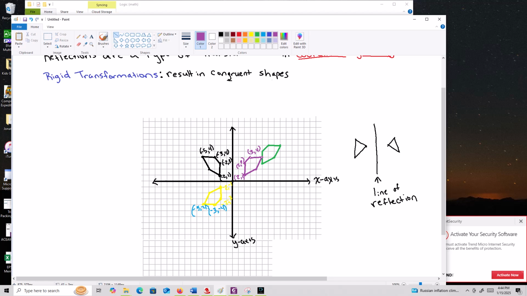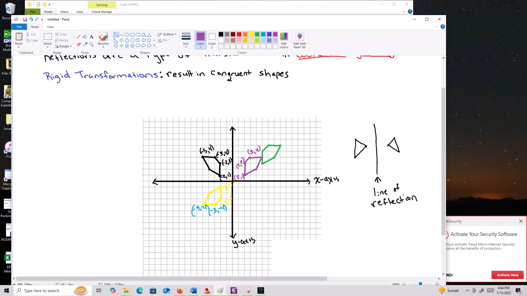All right, so this purple shape has the reflection across the y-axis. And you'll notice that my y values stay the same, but my x values multiply by a -1.